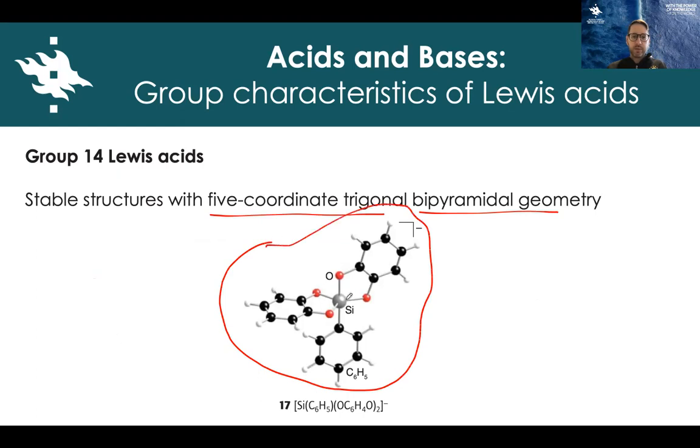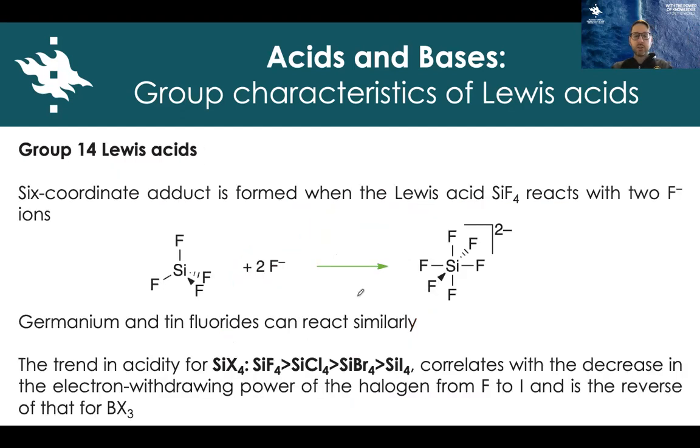So we have 5 bonds here around the silicon atom, so it's 5 coordinate. And then here we have acid-base interactions in which the silicon is seen as a Lewis acid, and the ligands here as Lewis bases, donating electron density to the central silicon atom.